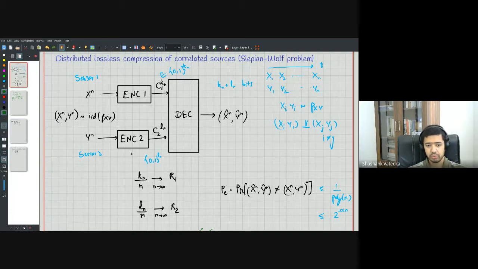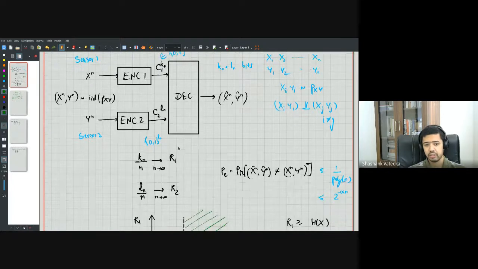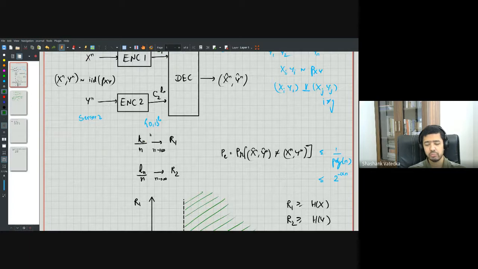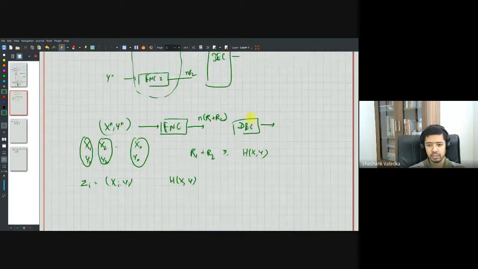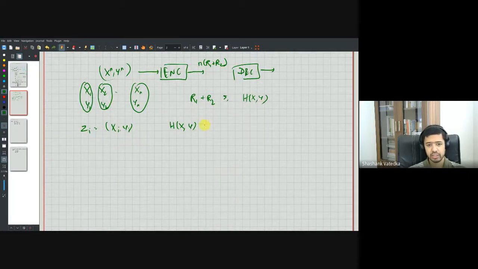Similarly, encoder 2 knows p of x comma y, but not the realization of xn. So merging the two sources only makes things more powerful. So certainly, if you were allowed to merge the two sources, then R1 plus R2 greater than or equal to H of x comma y would have been achievable. That is certainly the case.